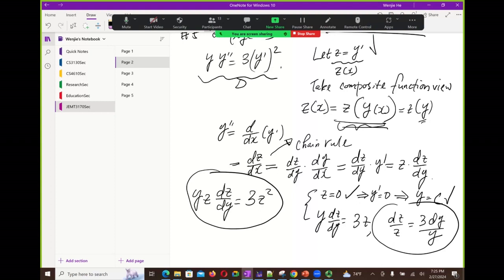Natural log, easily. After you find z, because y prime is that z, you can go back and solve another separable equation, and you can find the solution y. That's the trick.